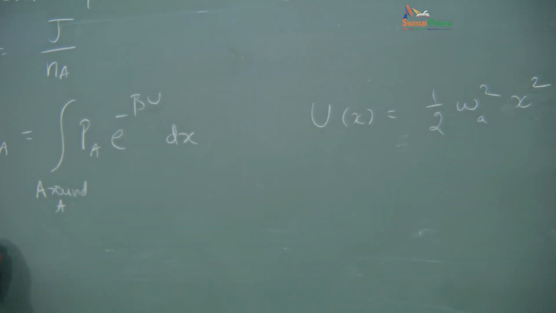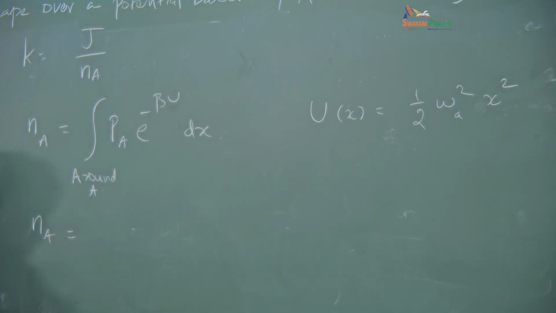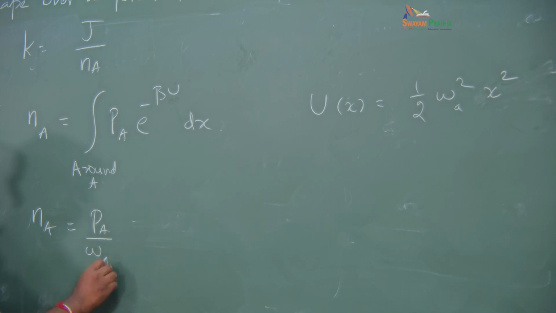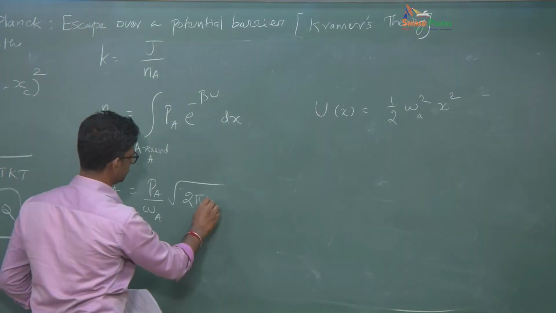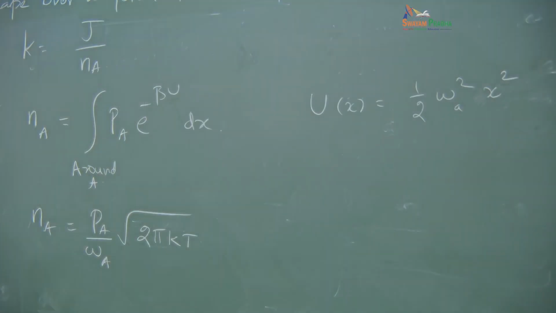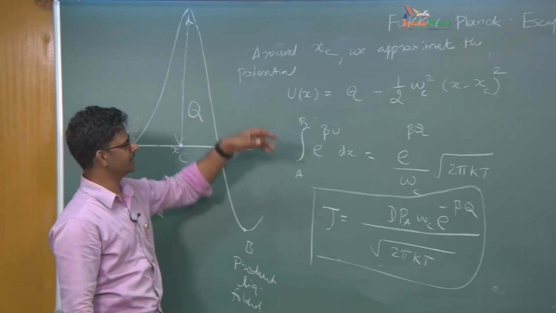So when we integrate this, you will get Na as Pa by omega a square root of 2 pi kT. So we have got both the number concentration of particles in basin A as well as the flux of particles crossing this barrier.